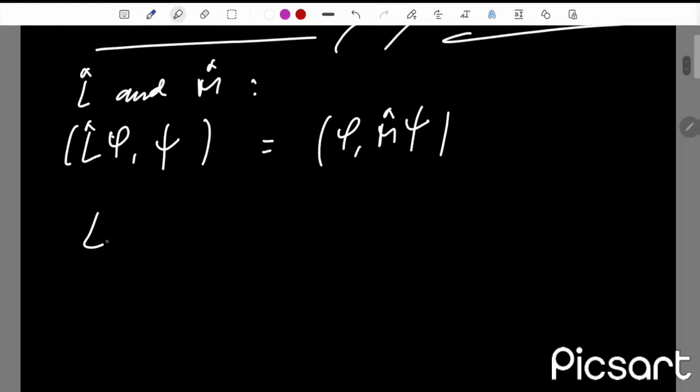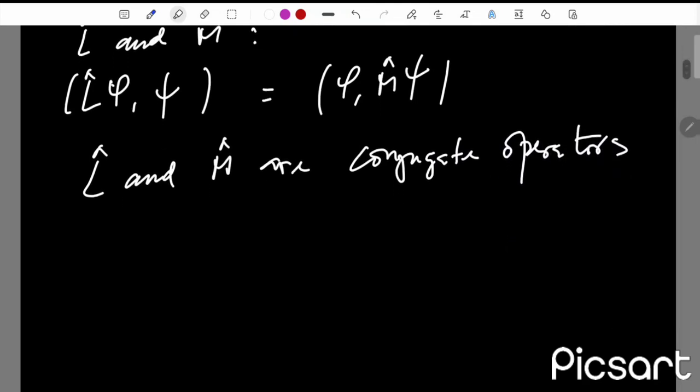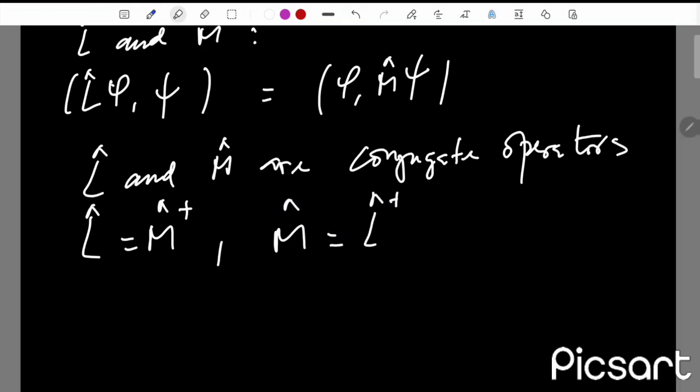Then we say that L and M are conjugate operators, and we represent them as L, for example, equal to M dagger, or also M equal to L dagger.